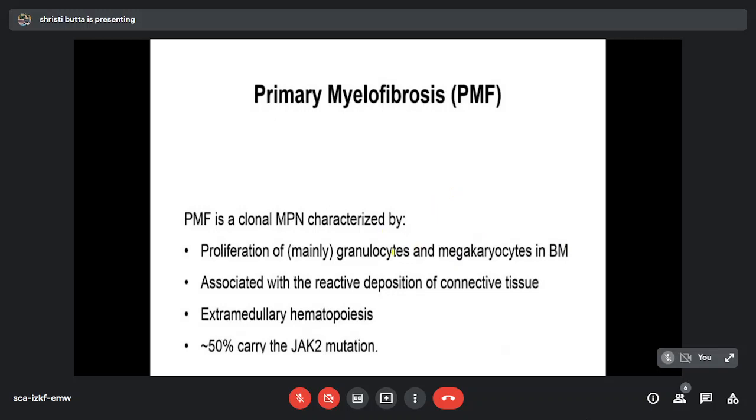Even though the clonal component involved is either a granulocyte, RBC, or a megakaryocyte, there is a pan-myelosis happening in the bone marrow. Together with that, there may be extramedullary hematopoiesis, and about 50% of the cases have JAK2 mutations. Another mutation which is often associated with PMF is MPL.